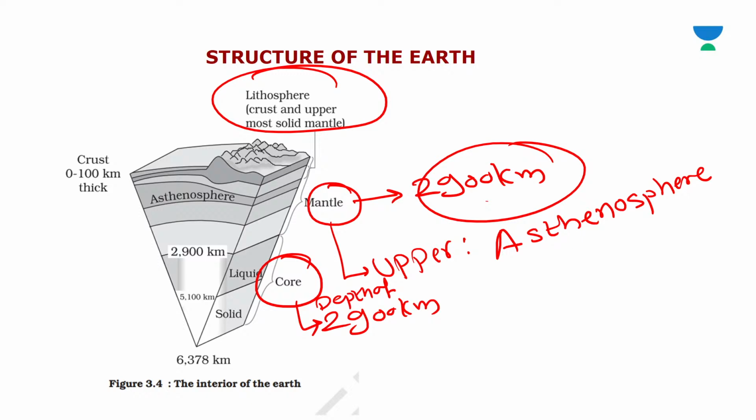The outer core is in liquid state while the inner core is in solid state. See the diagram, the liquid and solid state of the core. The core is made up of very heavy material, mostly constituted by nickel and iron. So, friends, it is sometimes referred to as the NIFE layer.